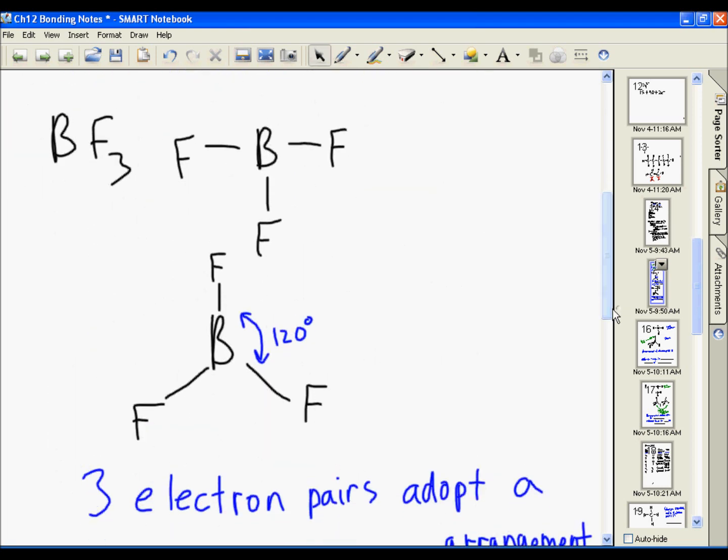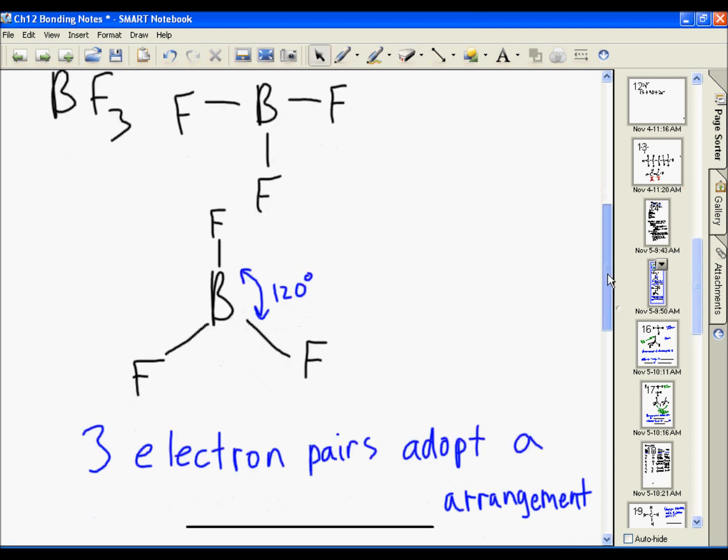If you have 3 pairs, as we've shown in this Lewis structure for BF3, and here is the Lewis structure where I'm showing all the bond angles are at 90 degrees. In fact, the arrangement which gets the electron pairs in the bonds as far from each other as possible is what's called a planar triangle arrangement, in which the bond angles are 120 degrees to each other.